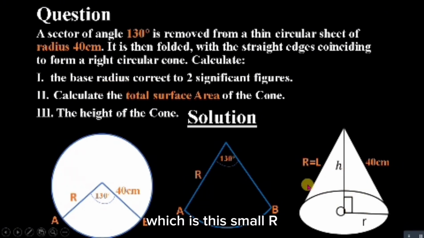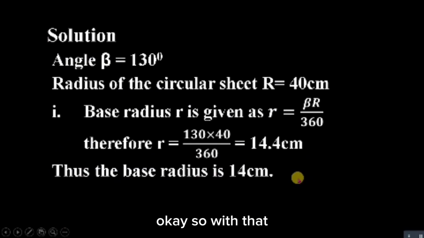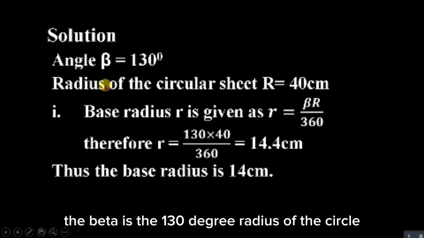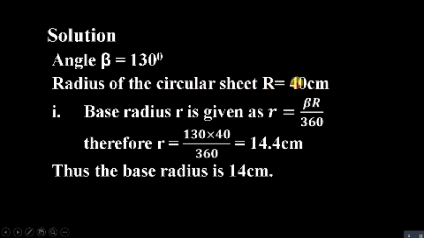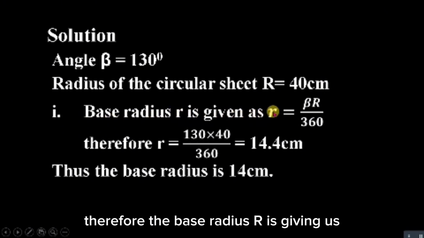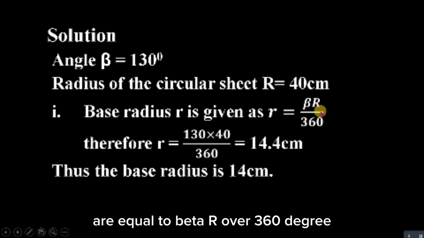The angle, that's beta. The beta is the 130 degrees. The radius of the circular sheet, which is a capital R, is equal to 40 centimeters. Therefore, the base radius r is given as r equals beta R over 360 degrees, which is what we have derived in the previous slide.